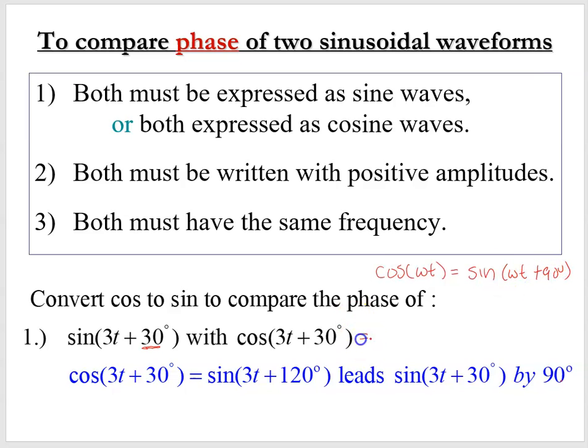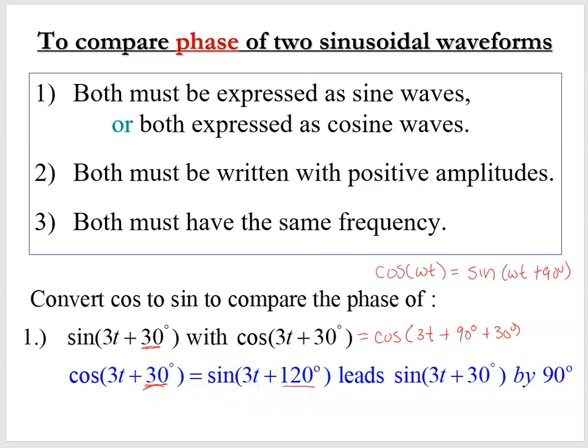So then this is going to be equal to our cosine, where omega is 3t, and then we'll do the plus 90 degrees, but we have to still add back in that 30 degrees, so we end up with 120 degrees.